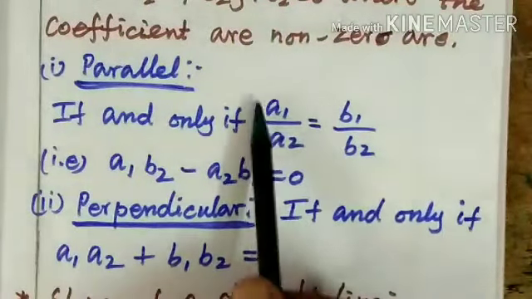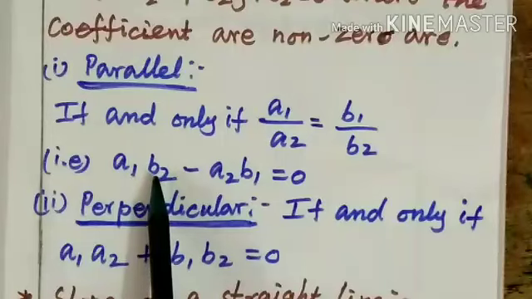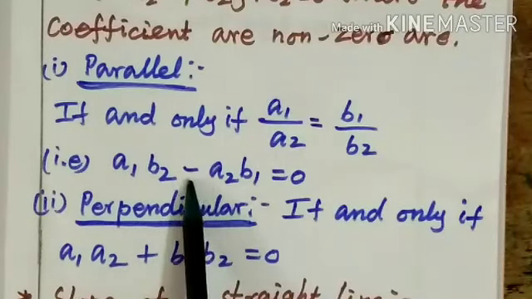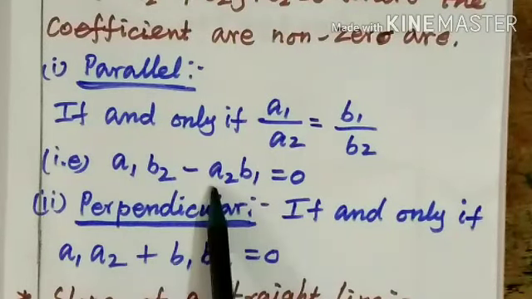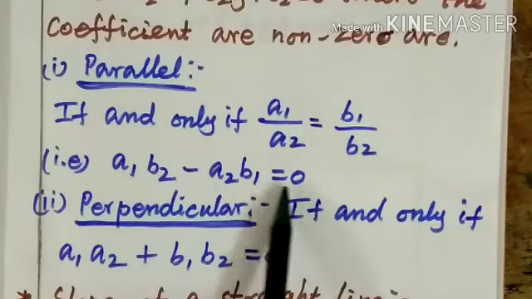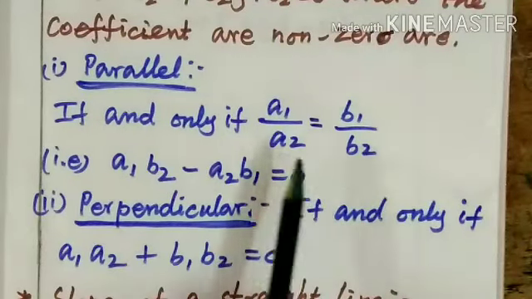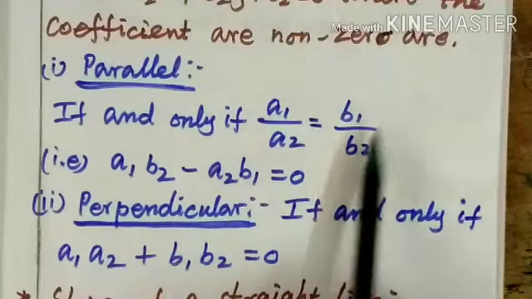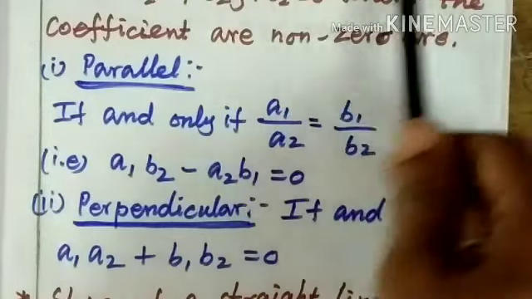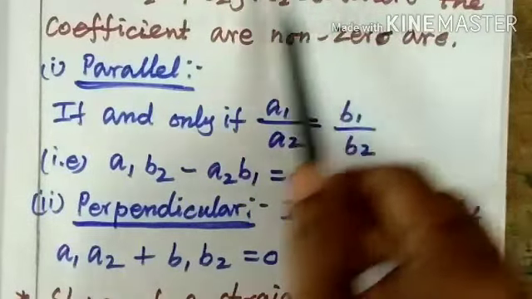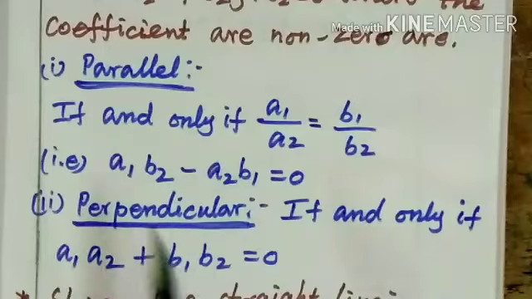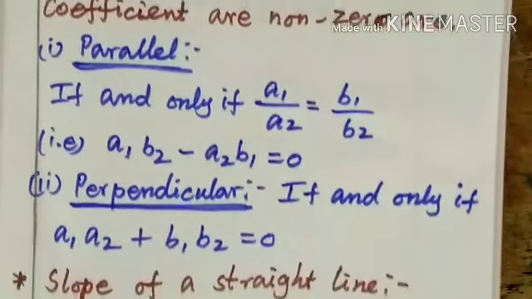So, on cross multiplying, we get a1 into b2 minus a2 b1 is equal to 0. This condition satisfied means the given straight lines are parallel. This is another way of finding it.